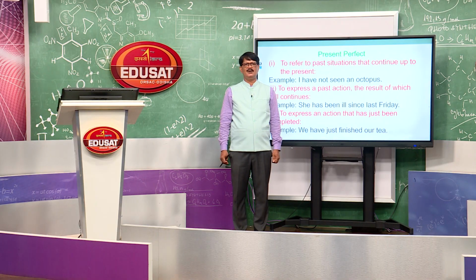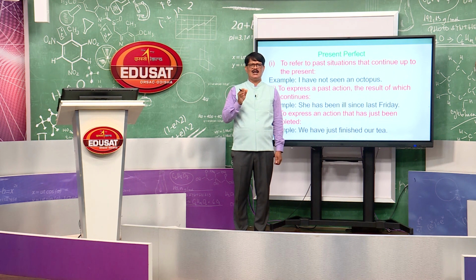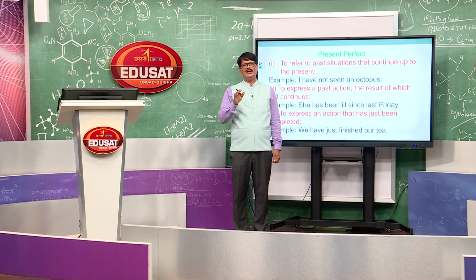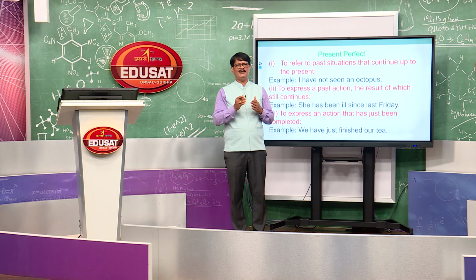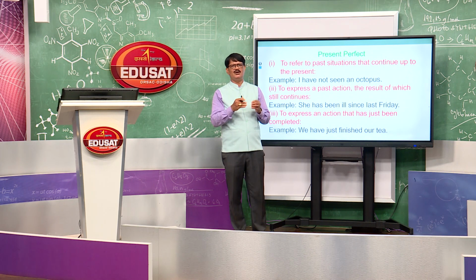Now we will discuss the present perfect. As you know, the structure is subject, has or have plus V3, and where is it used? To refer to the past situation that continued to the present. The example is I have not seen an octopus. That means the situation is still going on. Next, to express a past action the result of which still continues.